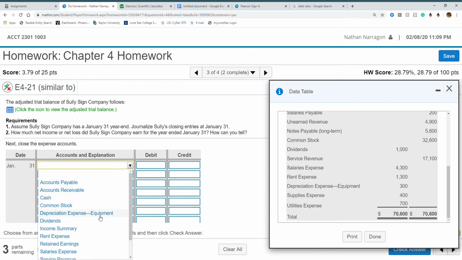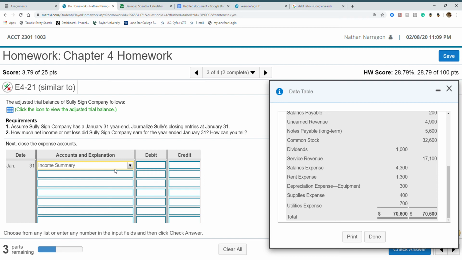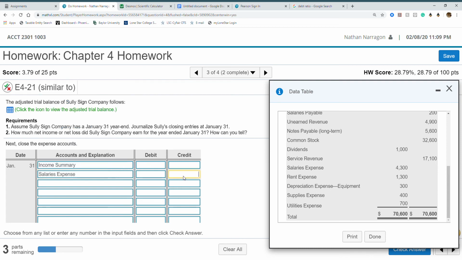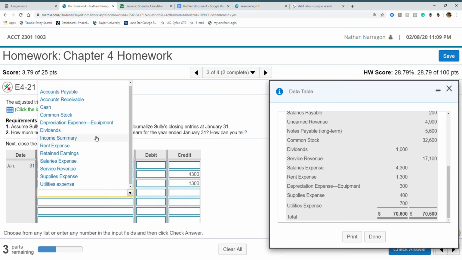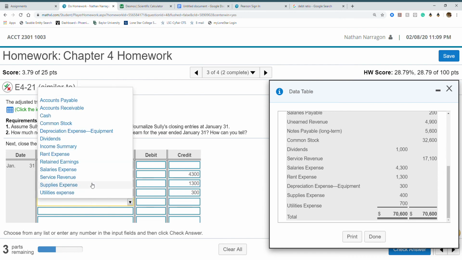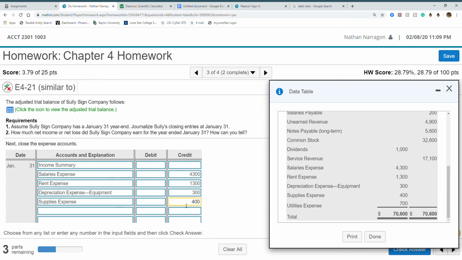Now here comes the expenses. So first off, we know it's income summary as our debit. And now we list all the expenses and we put them as credit. So salaries expense, rent expense, then we got depreciation, supplies, and then finally utilities. Okay, then we're going to have to add all these together.